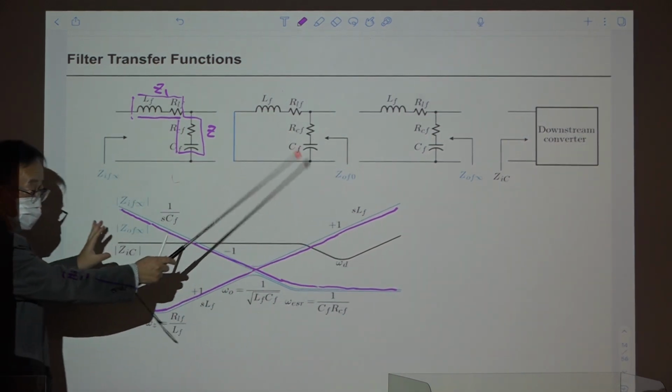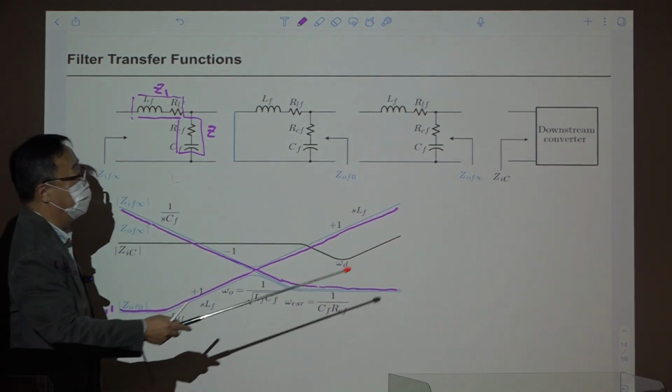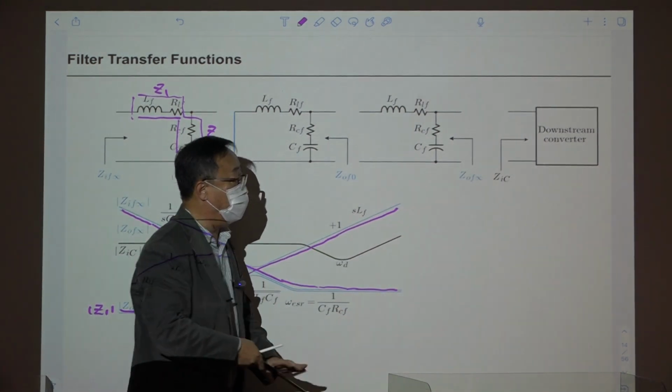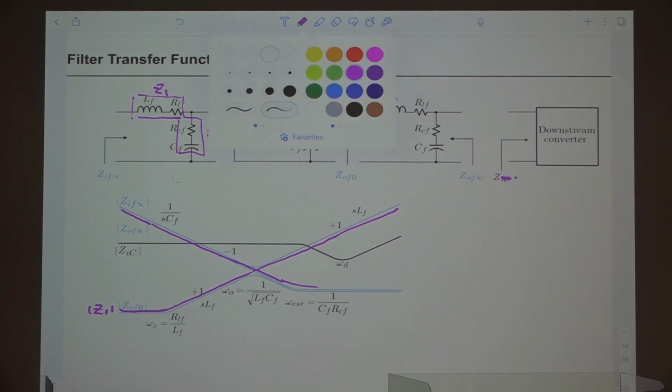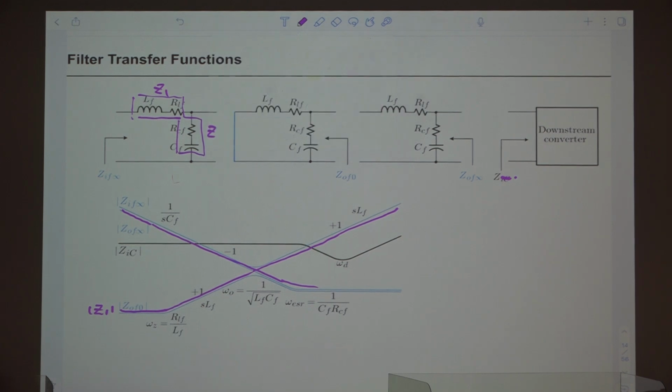We don't use this, but later we will use this. And this is the input impedance of the downstream converter, because if the downstream converter is uncoupled, then it's better to use this notation, GIU, right?